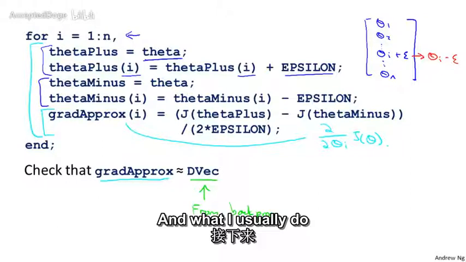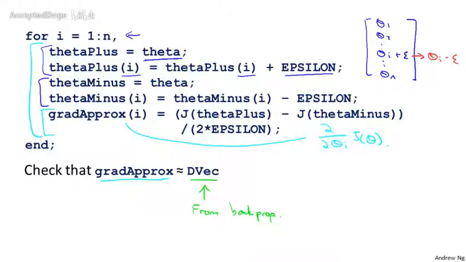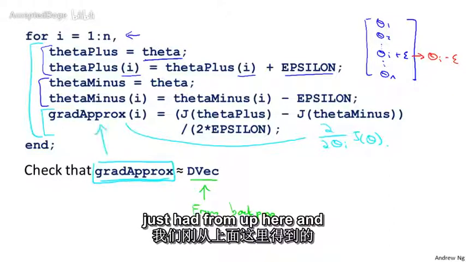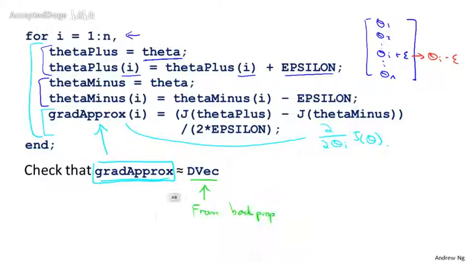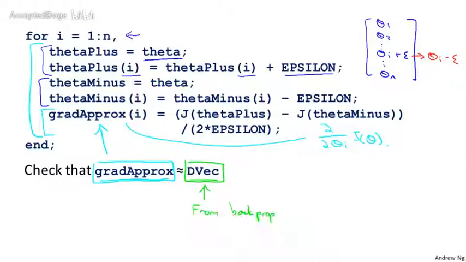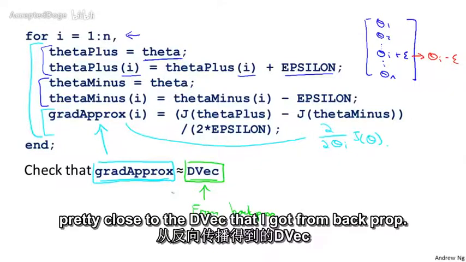And what I usually do is then take my numerically computed derivative, that is this gradApprox that we just had from up here, and make sure that it is approximately equal, up to small values of numerical roundoff, to the DVec that I got from backprop.